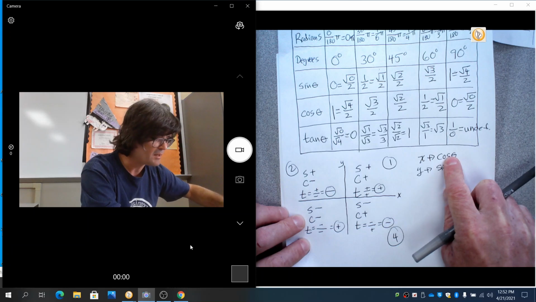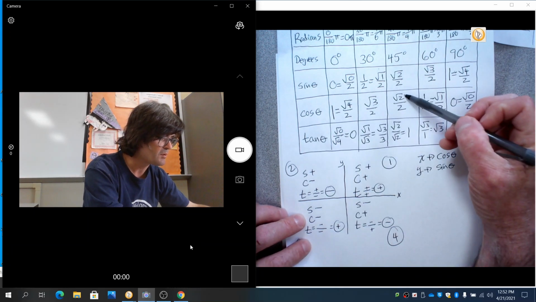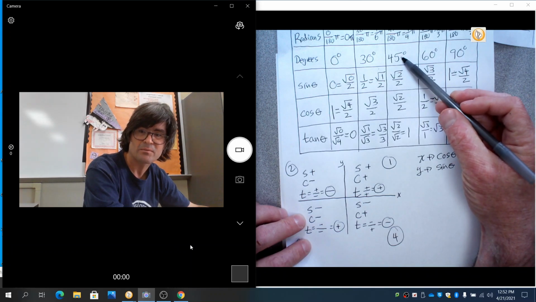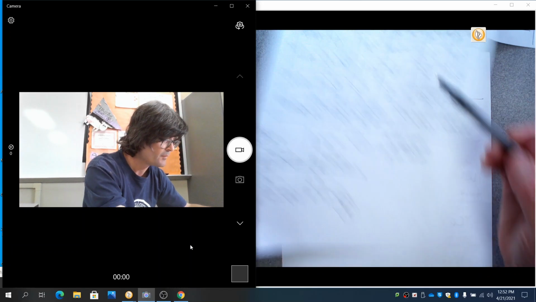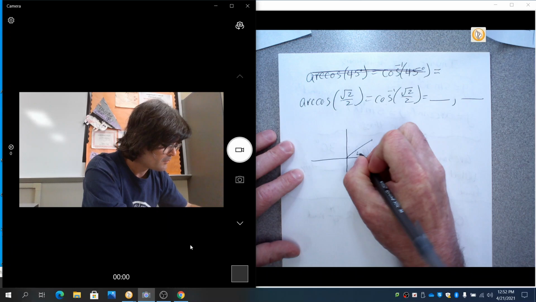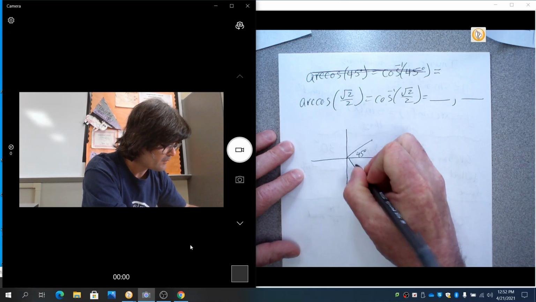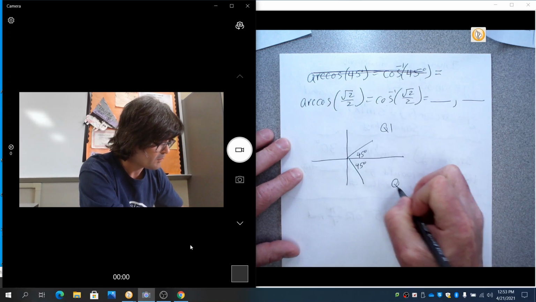X and cosine go together, so x is positive on the right. And root 2 over 2 goes with 45 degrees. So that would be my reference angle in quadrants 1 and 4. So I'm going to draw that. There's 45, there's 45, quadrants 1 and 4.